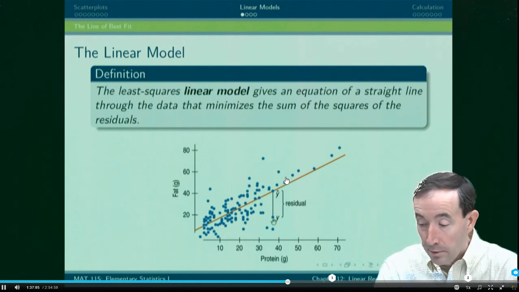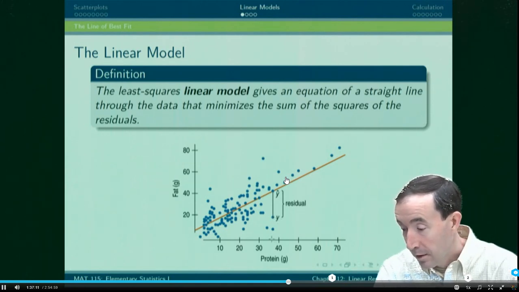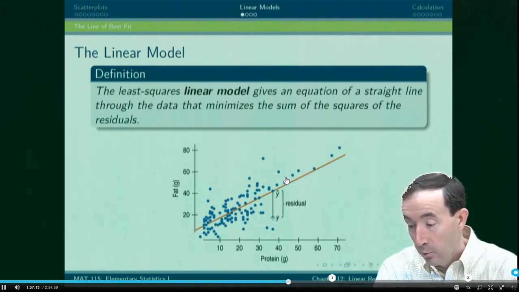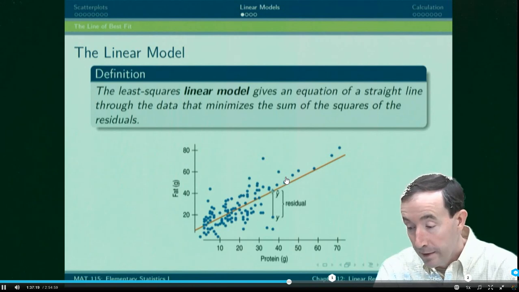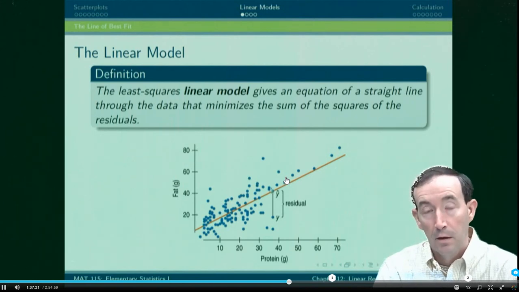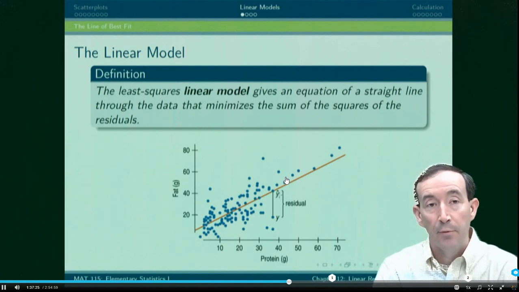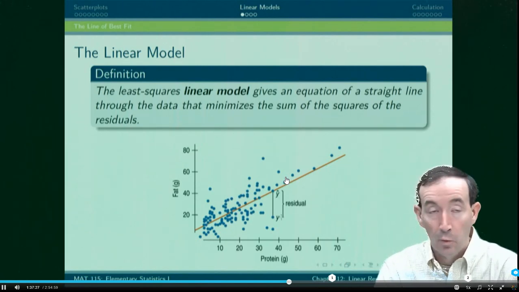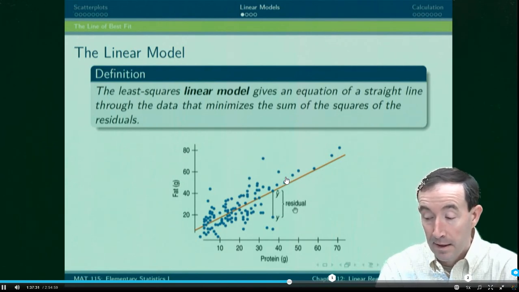At this particular location, this point had an x value of about 37-ish, and a y value of about 18. But my model, this red line, predicted a y value of about 42. So we'll use the notation y hat for my predicted value, and y for my observed value. And the difference between those two things, this gap right here, is what's called the residual.